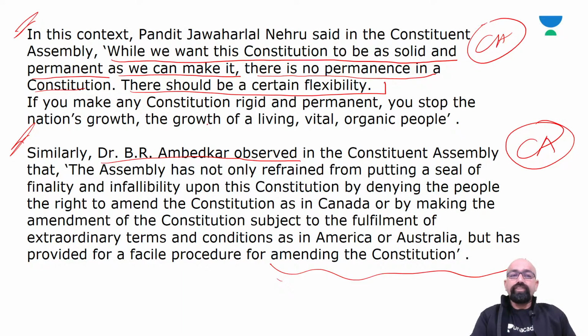So these are the observations from these experts.